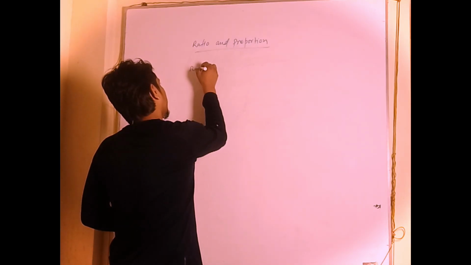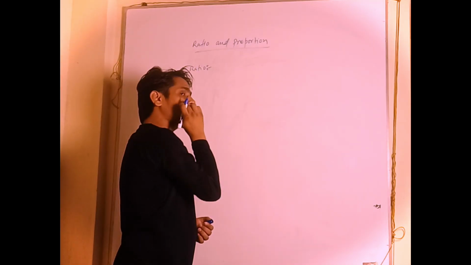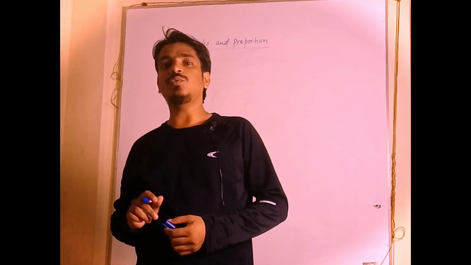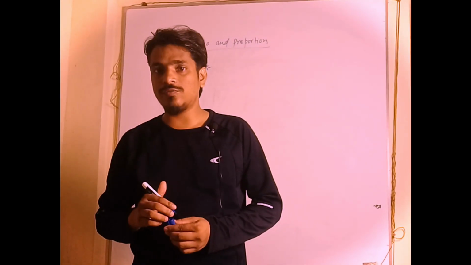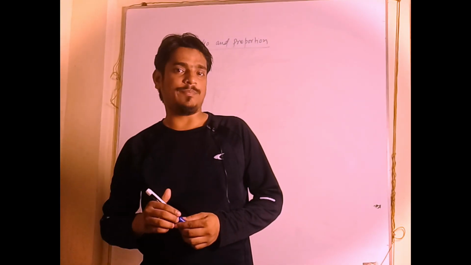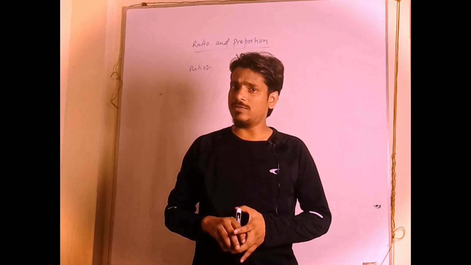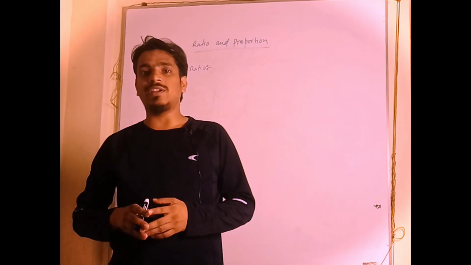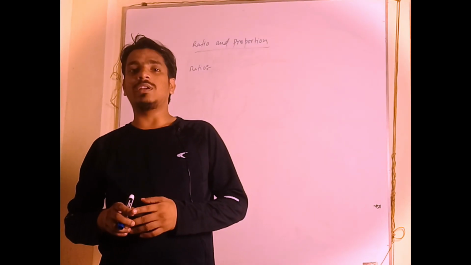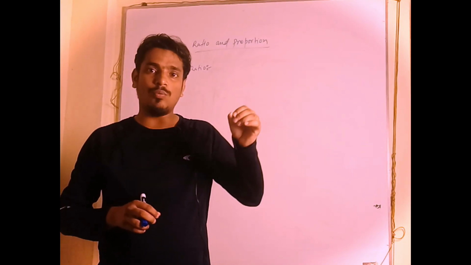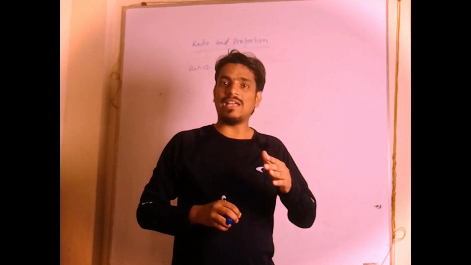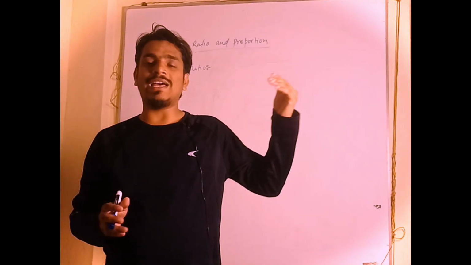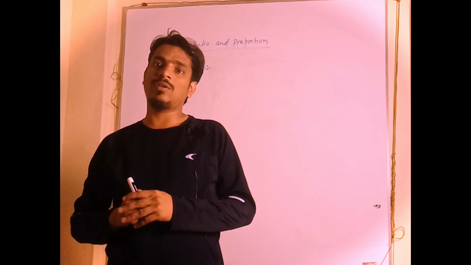So basically the ratio is defined as the comparison of two quantities of similar type, or two quantities expressed in the same unit, that we can compare in terms of how big one is as compared to the other, or how small the second one is as compared to the first one.